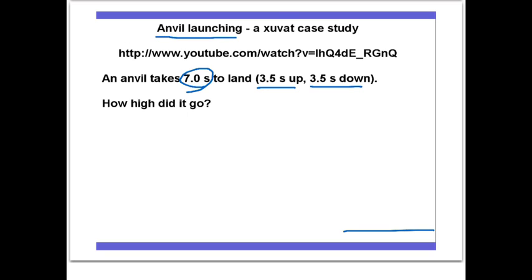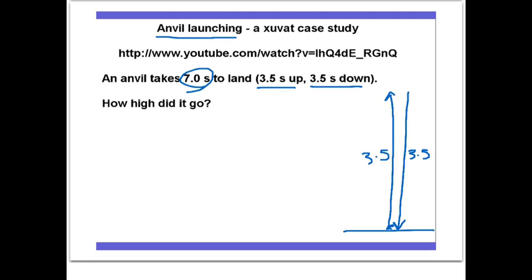So first step, sketching a diagram. Here's the anvil at the start, and then it flies up into the air and turns around, comes back down again. We know it's 3.5 seconds going up and 3.5 seconds going down. It's going to be useful for us to only consider the first half of this motion, this bit here.